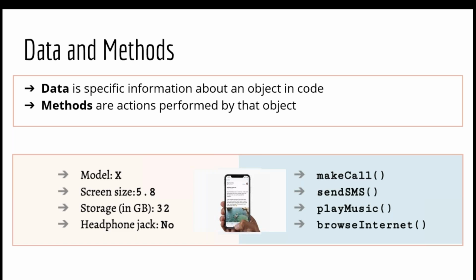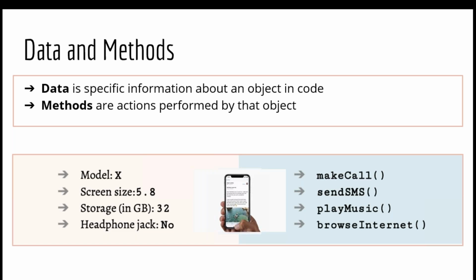Even though we are programming on a computer, all of these steps and ideas we implement have big correlations to real life as well. This is no different with data and methods, because even real life objects have this idea of data and methods implemented into them.